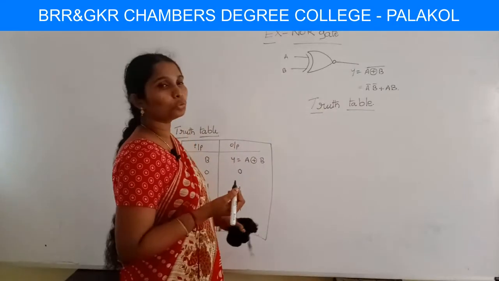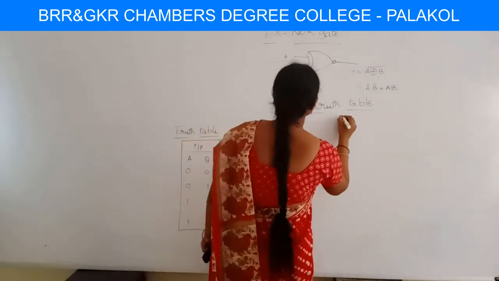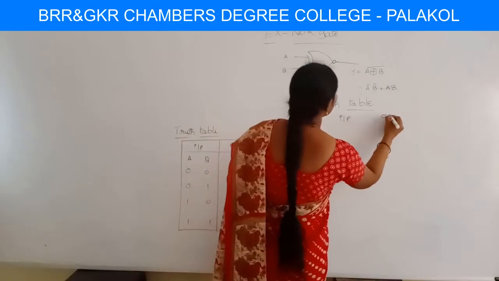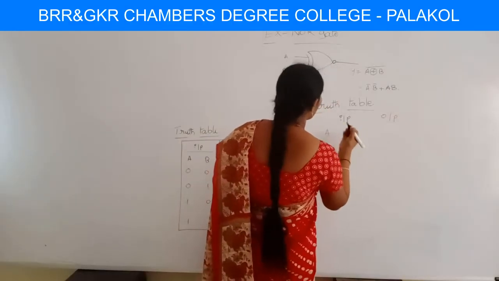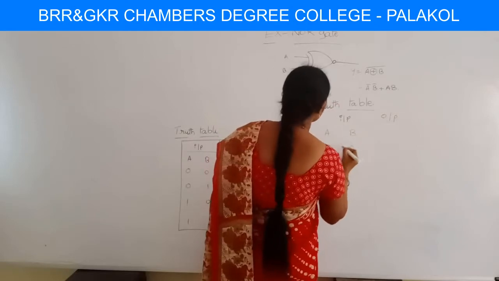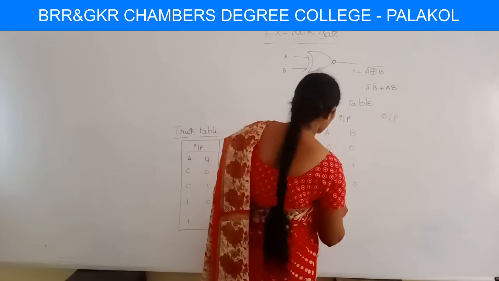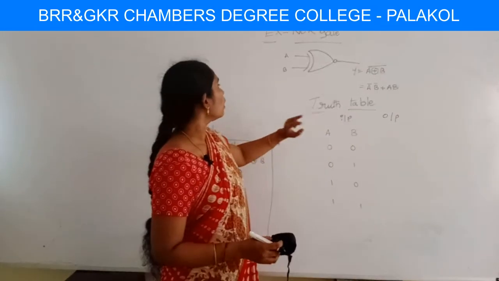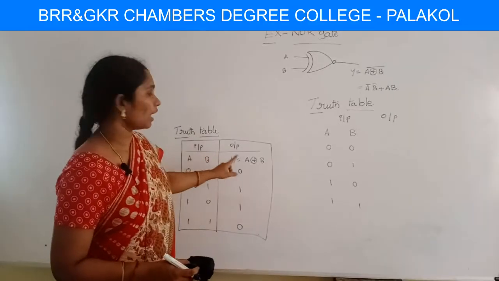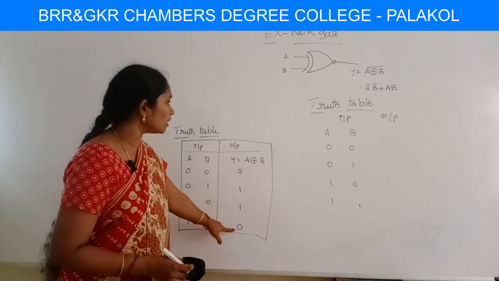I consider two inputs, therefore it will give four combinations. Input and output here. The input is A and B: 0 0, 0 1, 1 0 and 1 1. Okay, so this is the complement of XOR. XOR is 0 1 1 0.